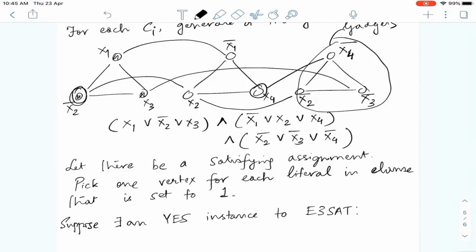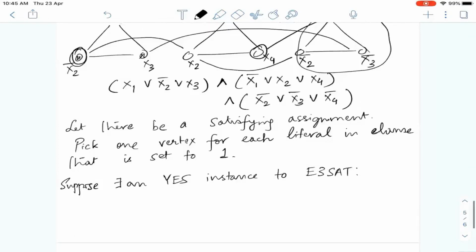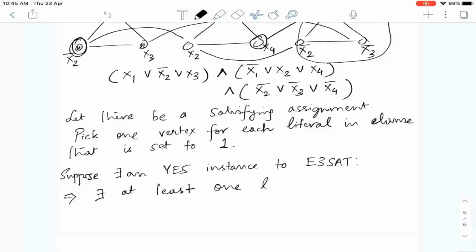Okay, so this implies there exists at least one literal for each clause set to 1.